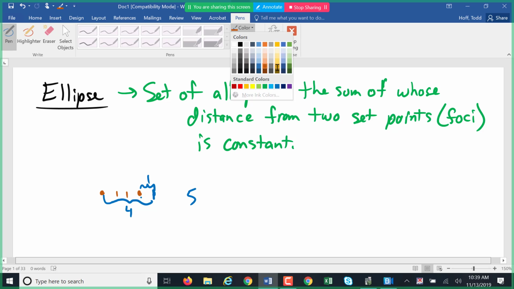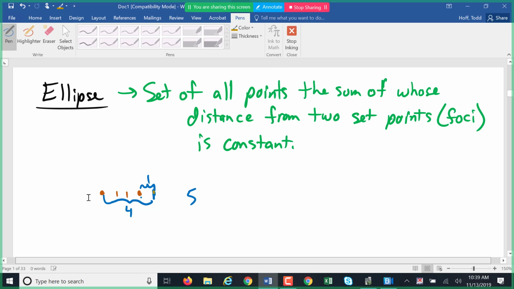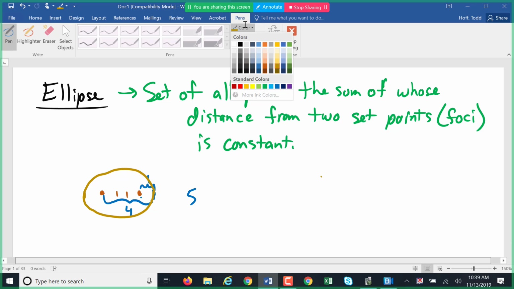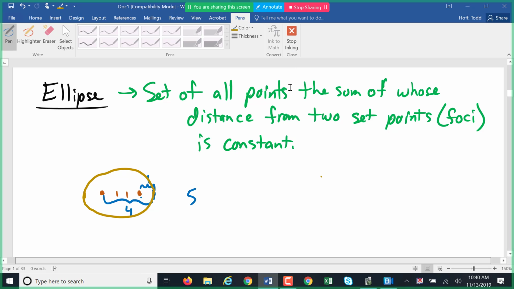So if I draw in the rest of my ellipse, like that. It's a little egg-shaped, but should be symmetrical in both directions. If I pick a point on the ellipse, let's pick that point there in purple. If I add that distance to that distance, those 2 distances will add up to 5 units.